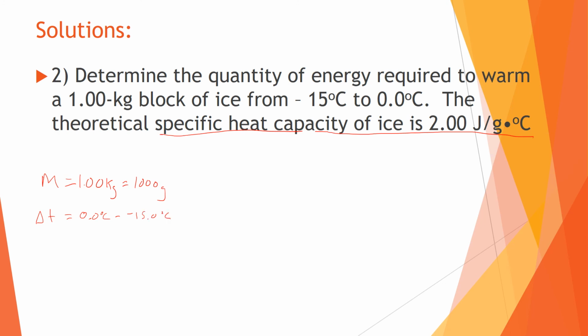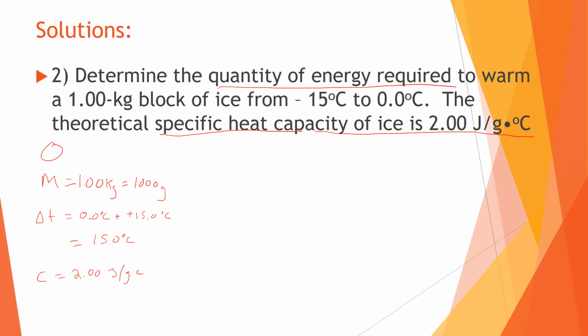Whenever we minus a minus, that's like adding a plus, right? So my change in temperature was 15.0 degrees Celsius. And the specific heat capacity of ice, it's not liquid water, it's solid water, is 2.00 joules per gram degree Celsius. And what they're looking for here is the quantity of energy required.